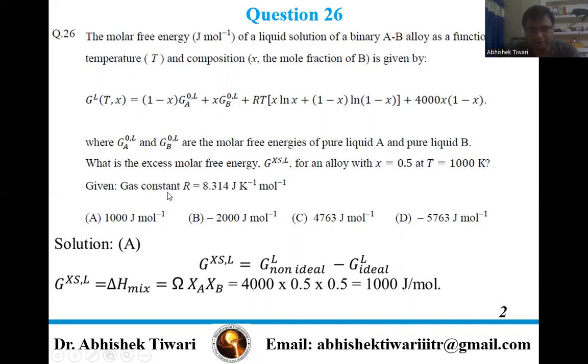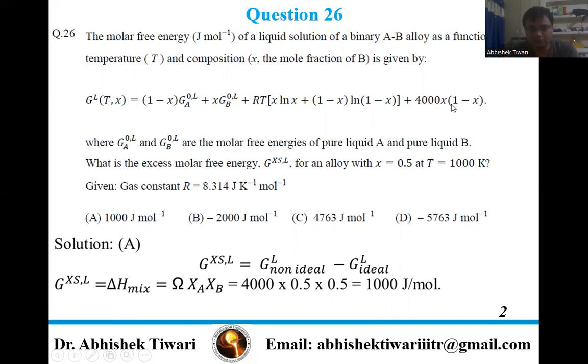In the question, we have been given gas constant R is equal to 8.314 joule per Kelvin per mole. So we can write G_XS^L is equal to G non-ideal^L minus G ideal^L. So G_XS^L can be written as delta H mix, which is equal to omega XA XB.